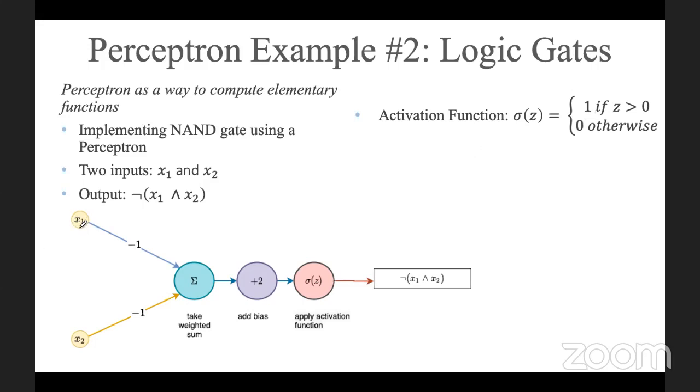If I give it 1 and 1, then this will be -1 plus -1, that is -2. When you add the bias, it becomes 0, and the output is 0. If you try 1, 0, then this becomes -1, plus 2 is +1, and you apply the activation function, the output is again 1. So yes, it will work. You can verify that yourself.